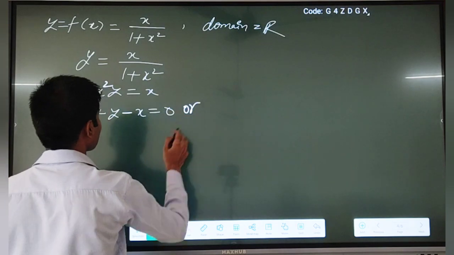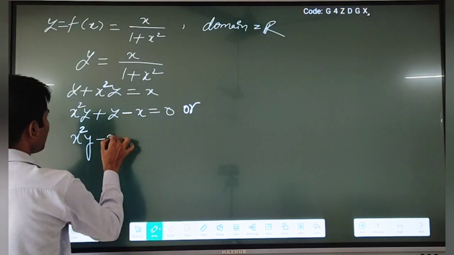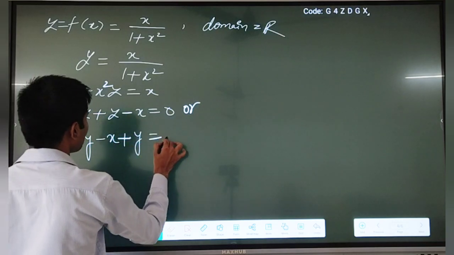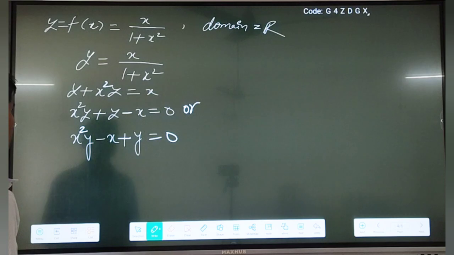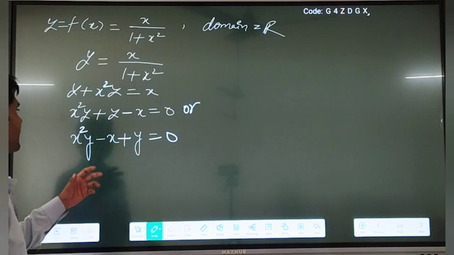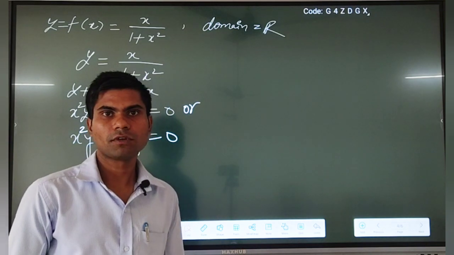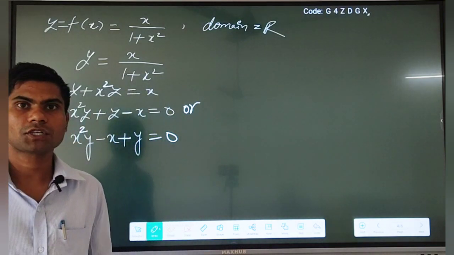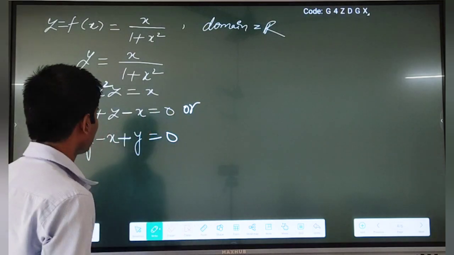Otherwise we can write it in this form: x square y minus x plus y is equal to 0. Now it is a quadratic equation in terms of x. If we are getting real values, the discriminant should definitely be greater than or equal to 0. A 10th level question: if roots are real, then the discriminant will be greater than or equal to 0.